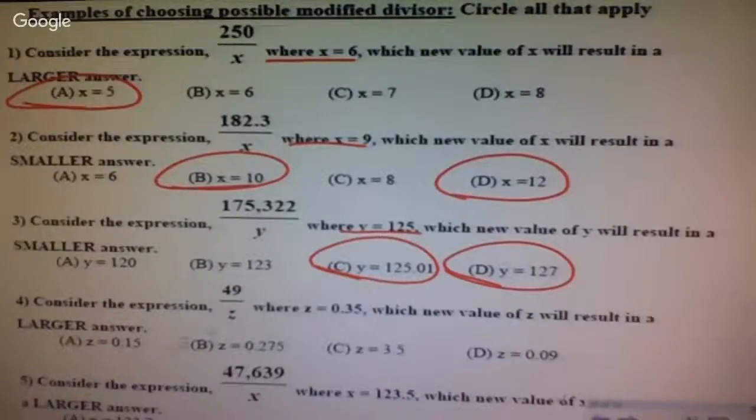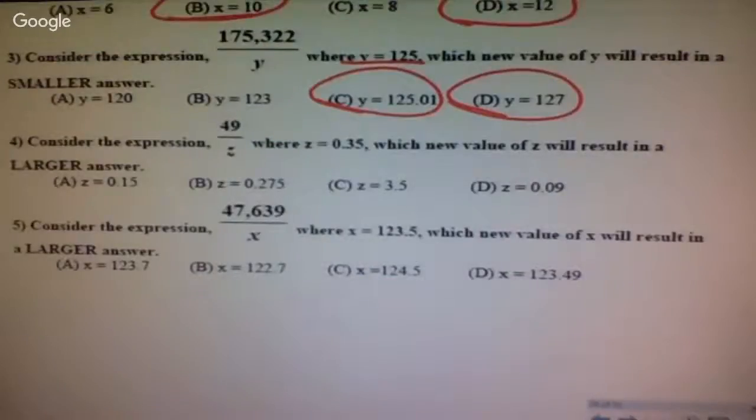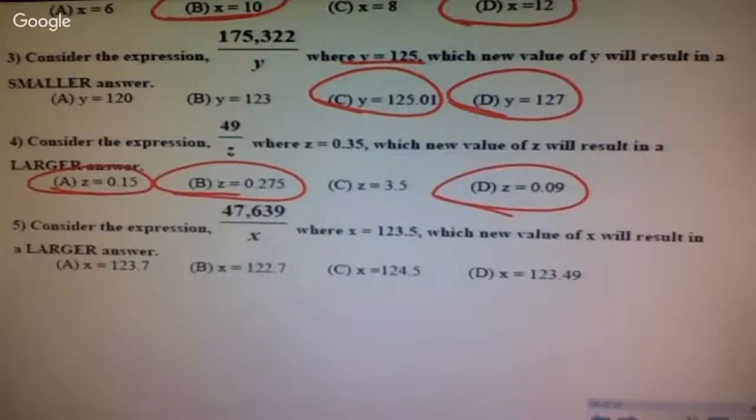Number 4. Right now I'm dividing by 0.35. I want my answer to get larger. A, B, and D will all work for that one. So any of those guesses would help.